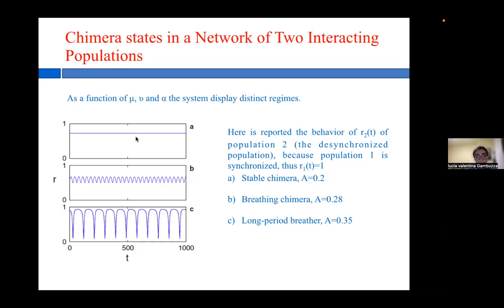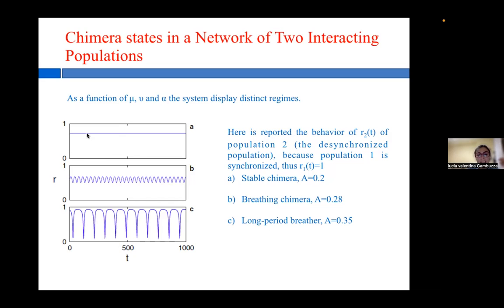The bottom panel represents the behavior of the order parameter of population 2. So we have a stable value, which is less than 1. We are not in the coherent case, but in a situation in which the incoherent behavior of the units inside the second population is stable.